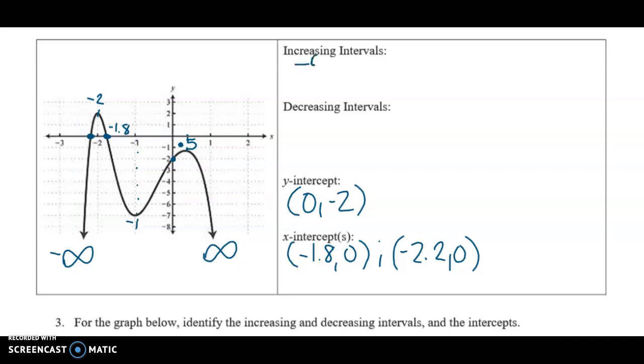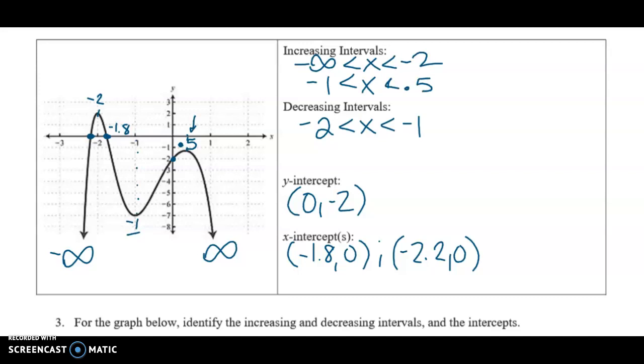So increasing from negative infinity to -2. I change direction, so now I'm decreasing to -1. Increasing again, right where I left off, until 0.5. And last.